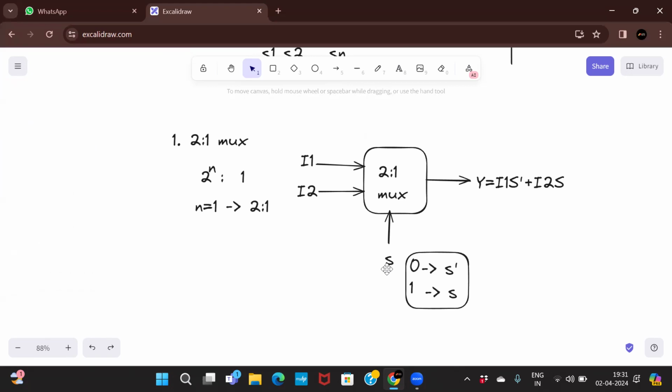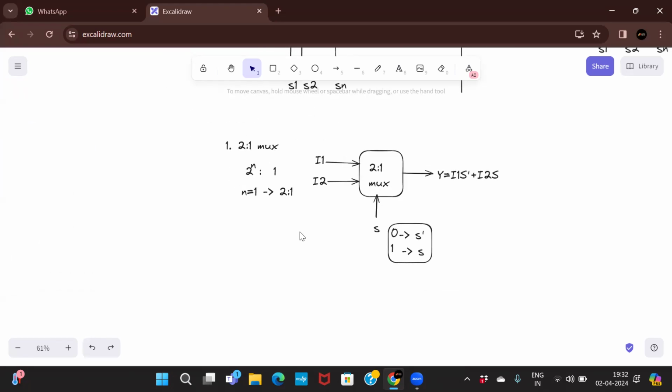When S is 0, S bar; when S is 1, S. So if you want to get the output as I1, the select line will select S bar into I1 plus, if you want to get the output as I2, it selects S. You'll understand 4 to 1, don't worry.